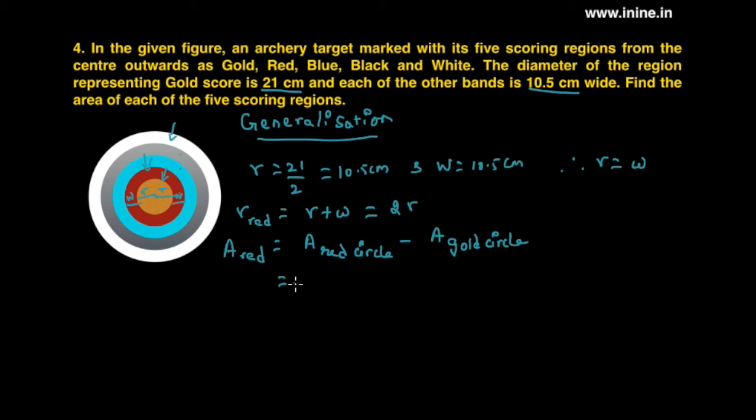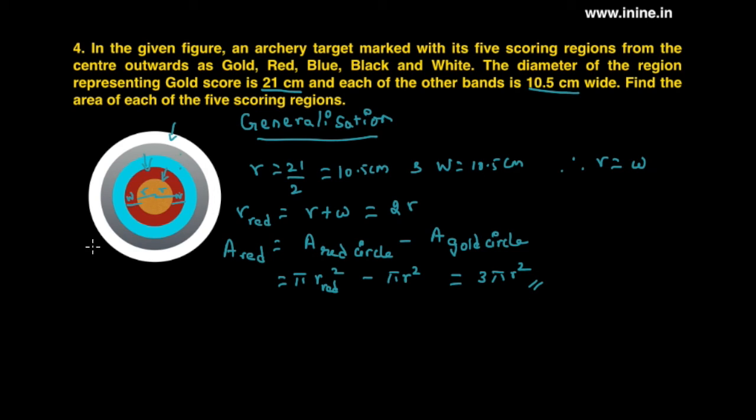So that's equal to pi R of red the whole square minus pi R square. Which on solving will yield 3 pi R square. So area of red region is 3 pi R square.